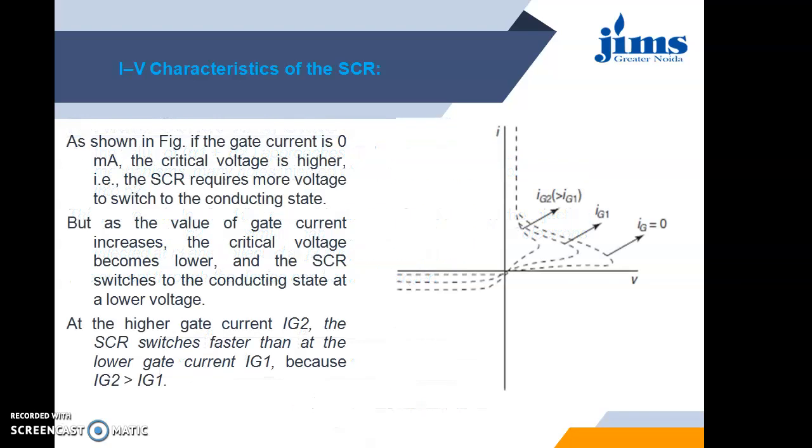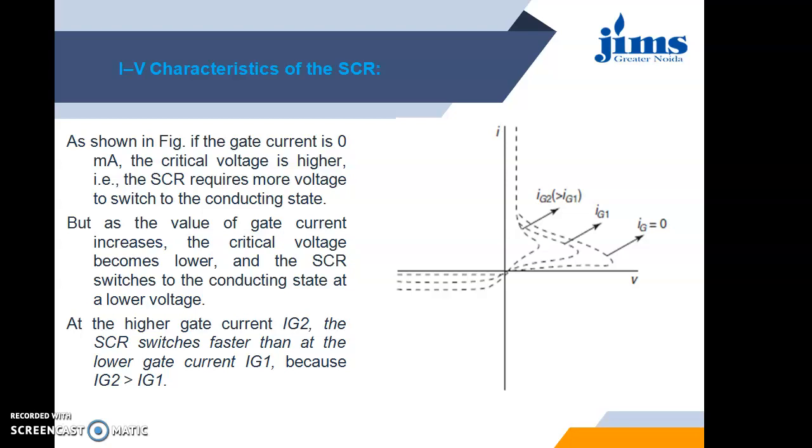And here is the overall VI characteristics which we can consider for different gate currents. If gate current is 0, the critical voltage is higher. As I mentioned, if we introduce the third terminal, which is the gate terminal, called the control terminal, it shows that if the gate control voltage or gate current is 0, the applied voltage, which is called the critical voltage, is much higher in order to have conduction through SCR.